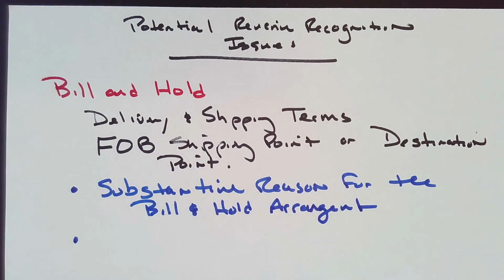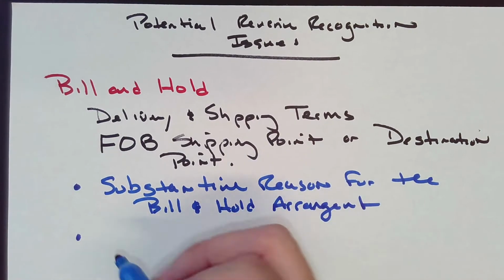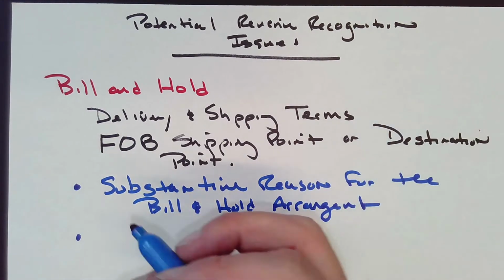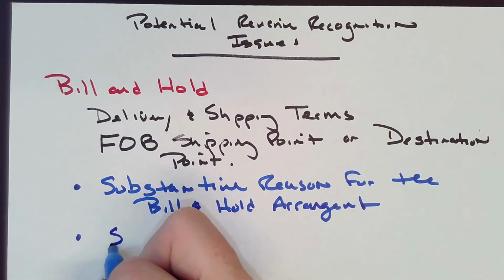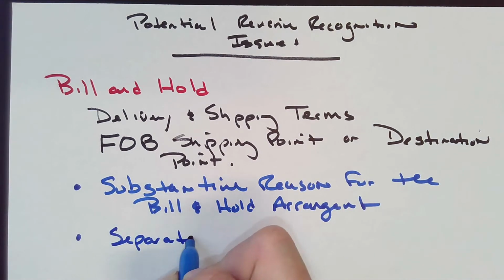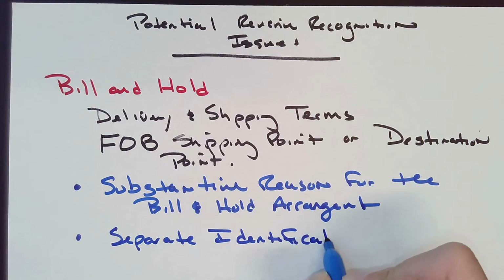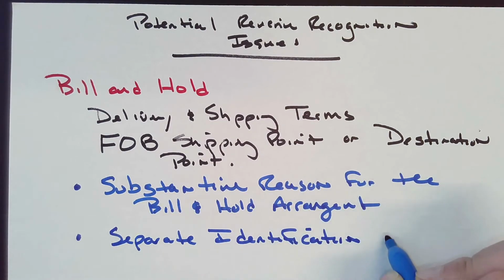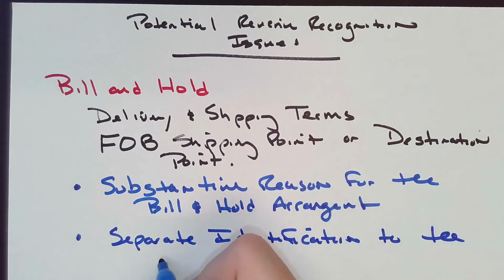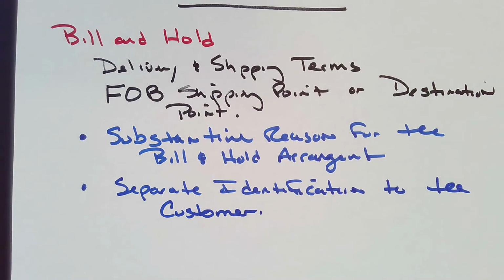All four of these things have to be there. The product that's sitting with me, so we're still holding it, has to be separately identified as the customer's. Okay? So those two things.